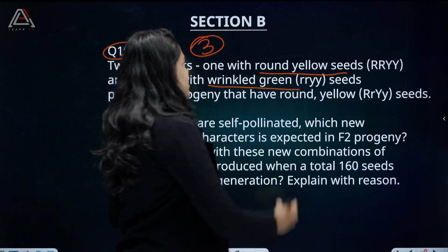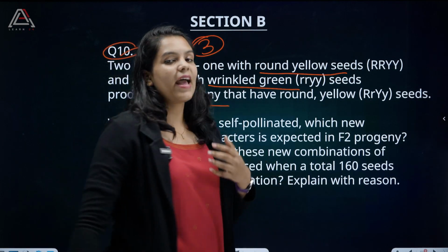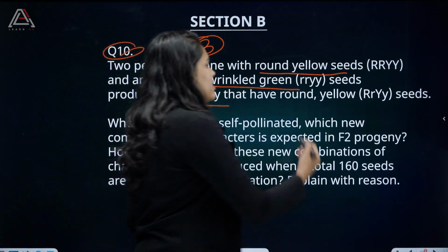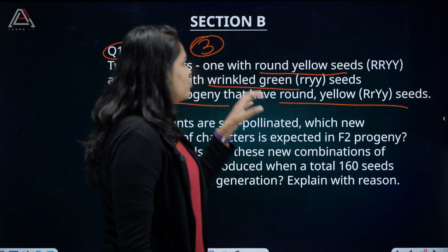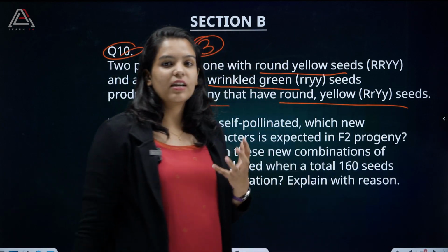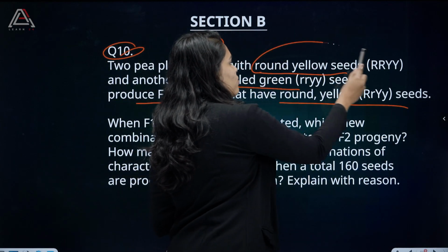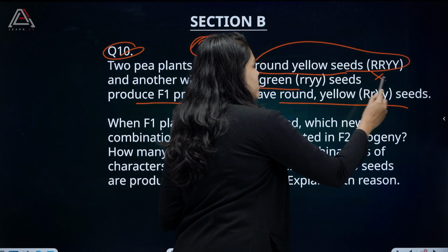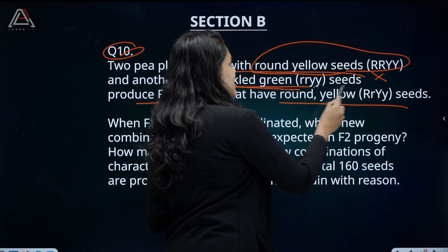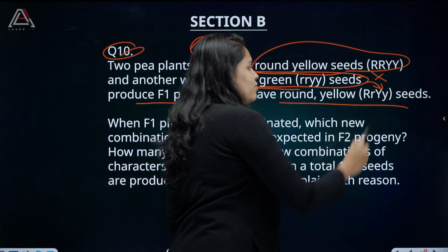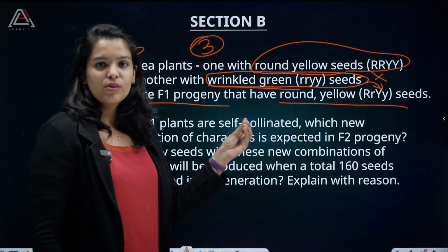They are producing an F1 progeny, that is round yellow seed. So they have given a condition that the round yellow seed is crossed with the wrinkled green seed and produces round yellow seeds.